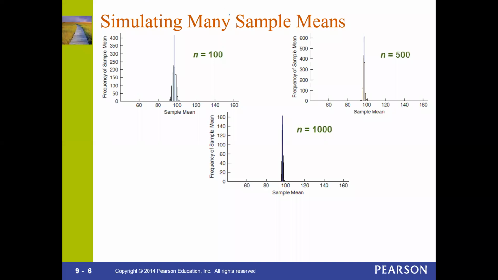As you can see, the more samples you choose, the bigger your sample, the more precise you are. If you're doing a study and you have huge data, it's going to be more precise.